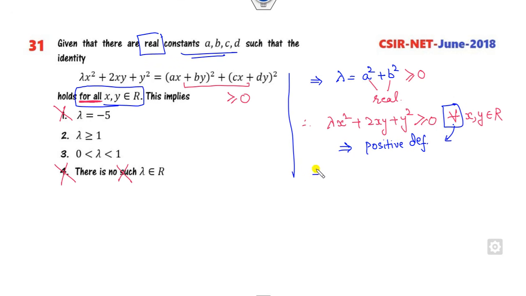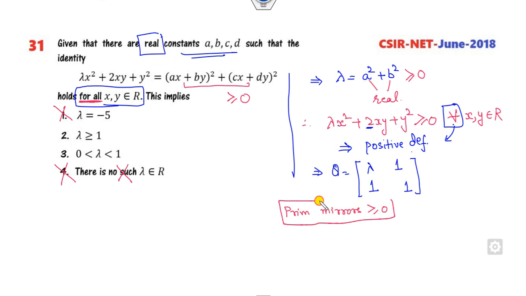So once it's positive definite, we can write the matrix Q as the coefficient of x square, the coefficient of y square, and it is always symmetric. So you can see half of this and half of this. Now what is the property of positive definites? Positive definite means the principal minors are always greater than or equal to 0. The first principal minor is lambda, which is greater than 0.